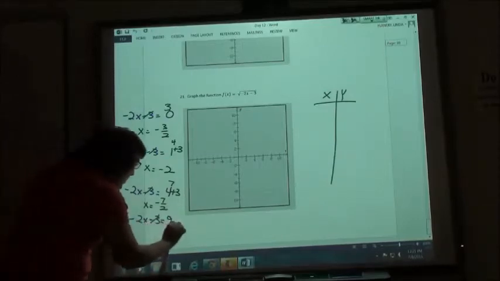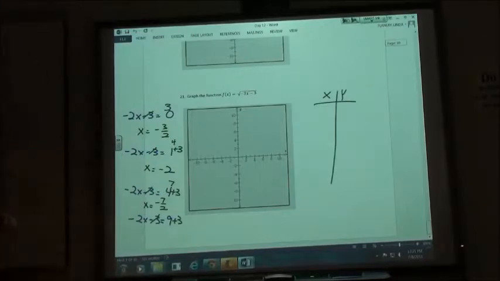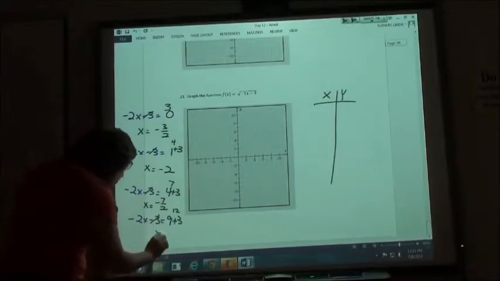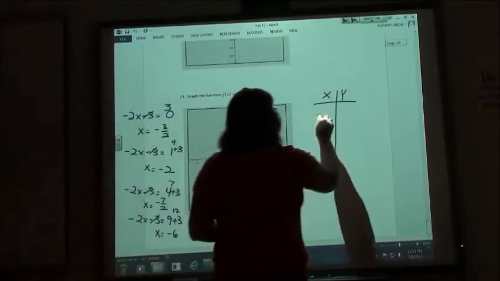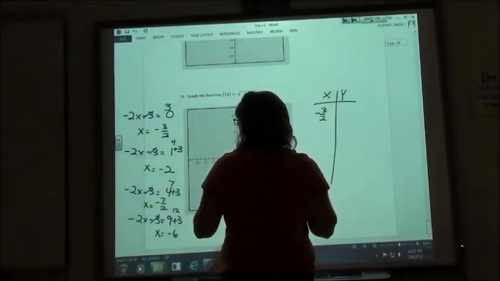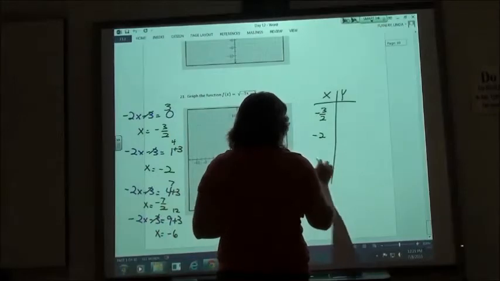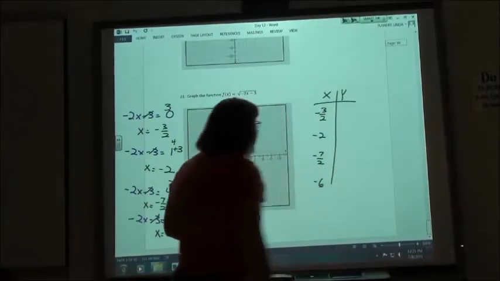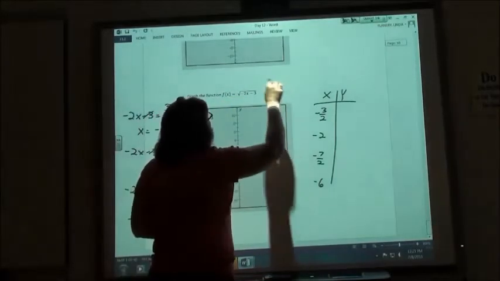And here I'm going to add my 3, which is 12. 12 over -2 is -6. So -3 halves, -2, -7 halves, and -6.